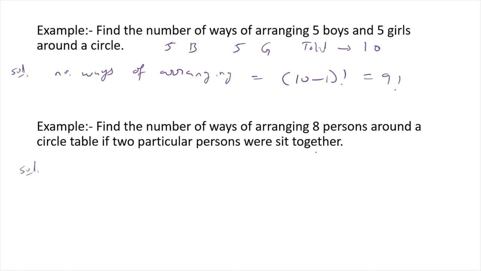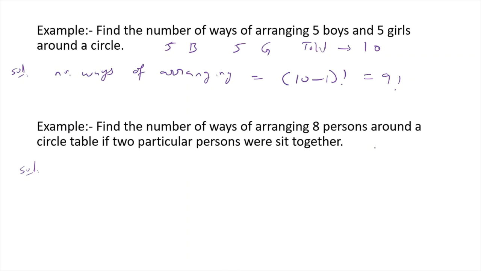Find the number of ways of arranging 8 people around a table in which 2 particular people want to sit together. I repeat the question. Find the number of ways of arranging 8 people around a table in which 2 particular people want to sit together. We have seen these kinds of problems in linear permutations. Now we have the same kind of problems in circular permutations.